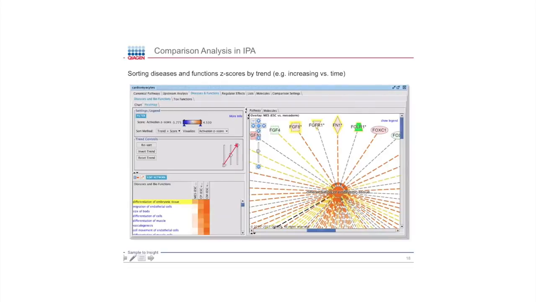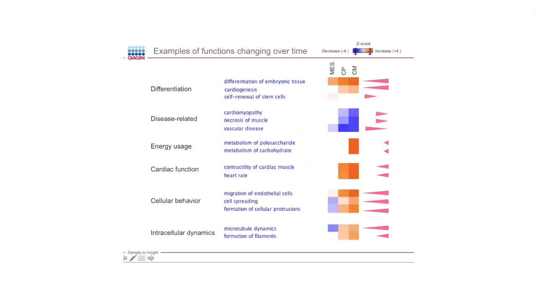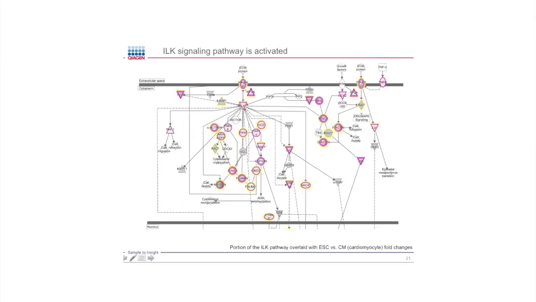You can't physically touch differentiation, right? It's a concept. But in networks like this one, this means a direct binding or physical relationship, whereas these are indirect.